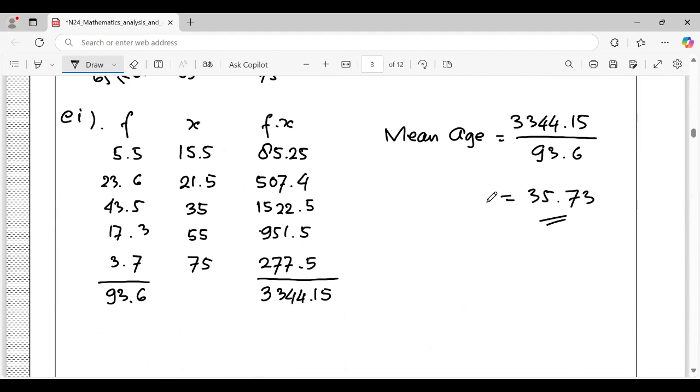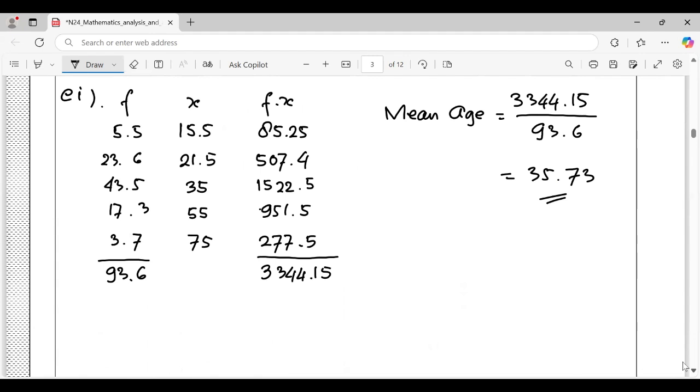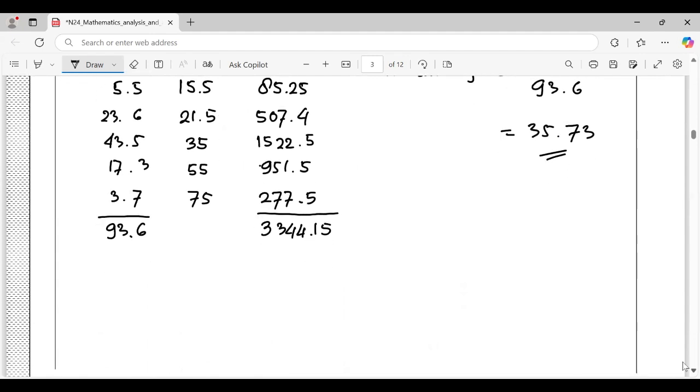Actually, you can find the mean age and variance through your calculator if you have one, but I would like to explain how to find variance manually, as well as the mean. For variance, we need to complete this table.